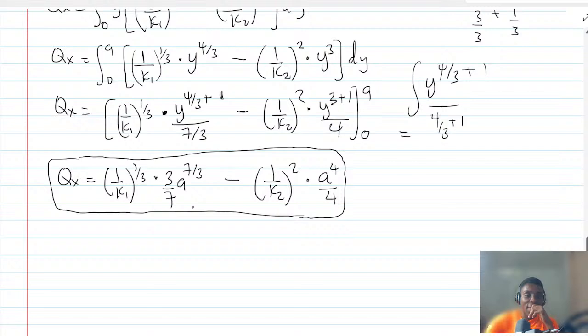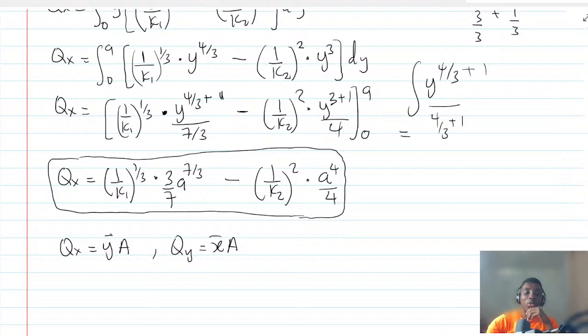Now from here, if you want to find the x bar, don't forget that Qx is actually y bar times area, and then Qy is x bar times area.